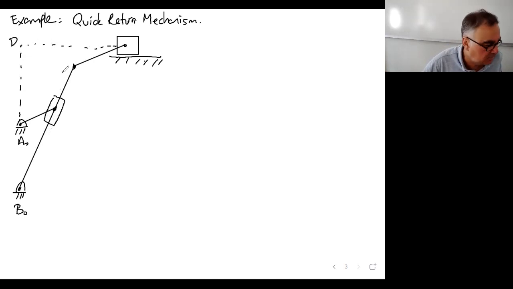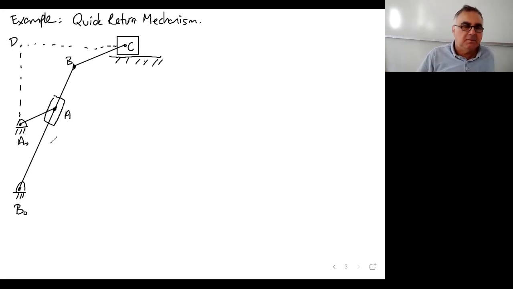Let's call it point D. This is A, this is B, and this is C. Okay, this is a quick return mechanism. The crank that keeps on rotating is A0A, as you see.